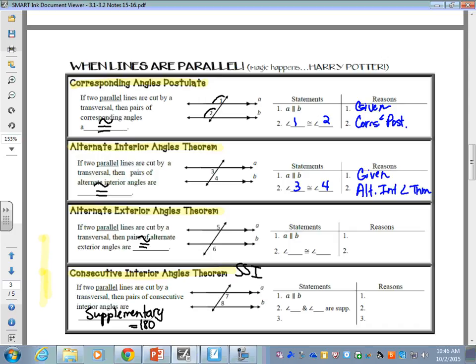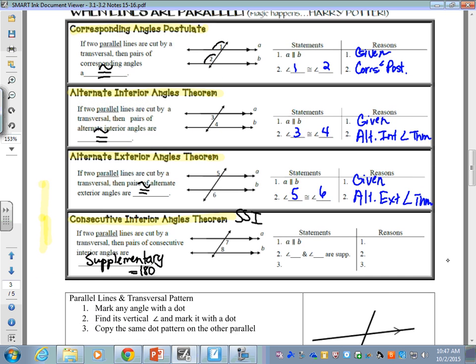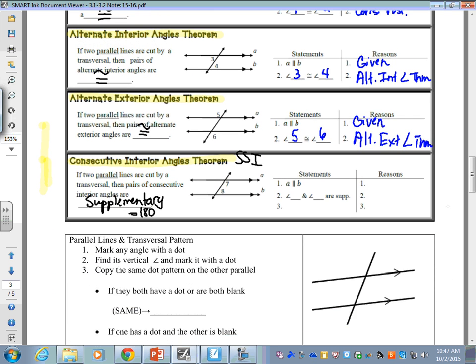Okay. All right, so same thing with alternate exterior. You must have the lines being parallel given before you can make the conclusion that they are congruent if we have alternate exterior. So angle 5 would be congruent to angle 6, alternate exterior angle theorem. Again, we must have the lines being parallel be given, and they are cut by a transversal.